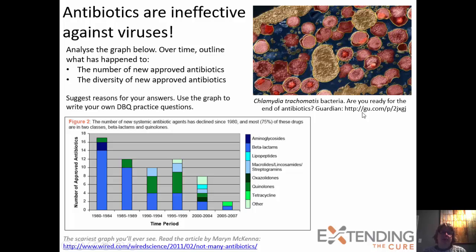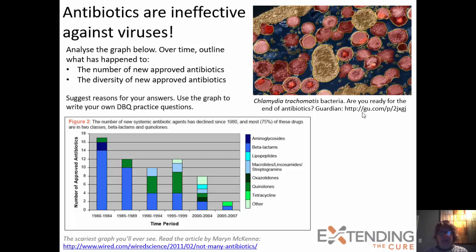All right, so the bottom line is antibiotics are ineffective against viruses. Looking at the graph here, it starts in 1980, and the data only goes up to 2007, but it shows that the number of new systemic antibiotic agents has declined since 1980, and most of these drugs are in two classes called beta-lactams and quinolones.